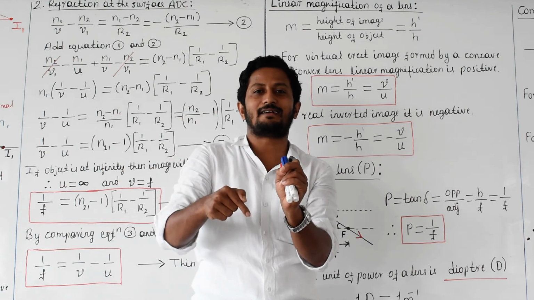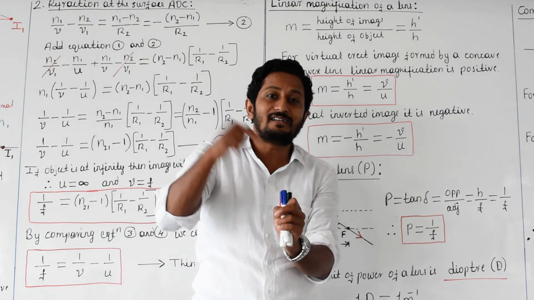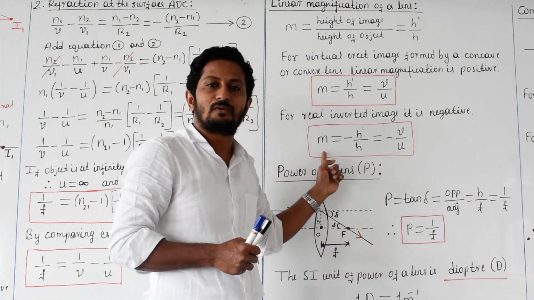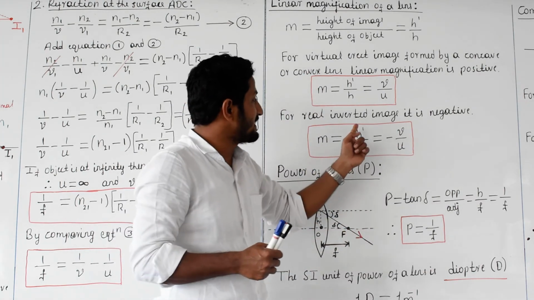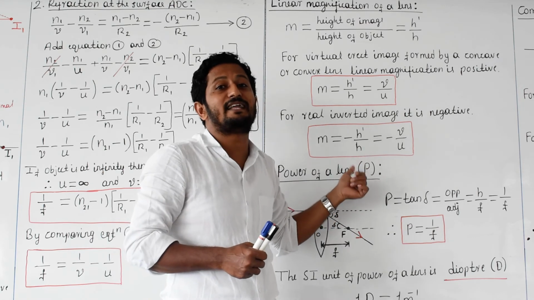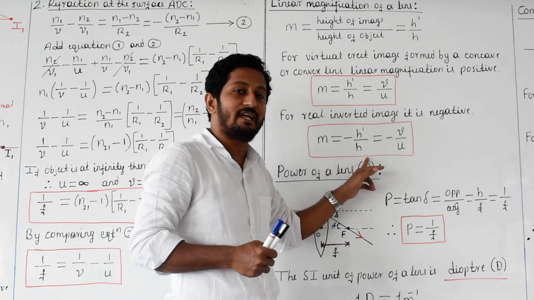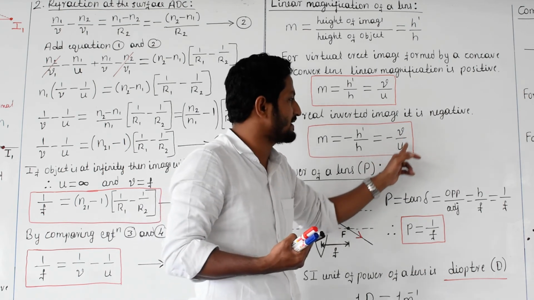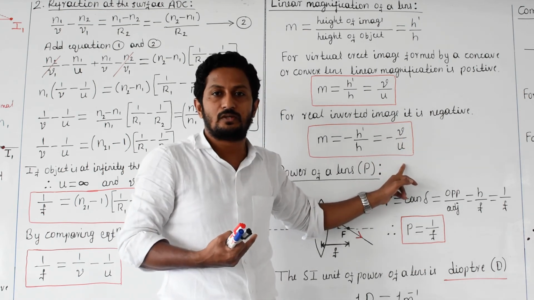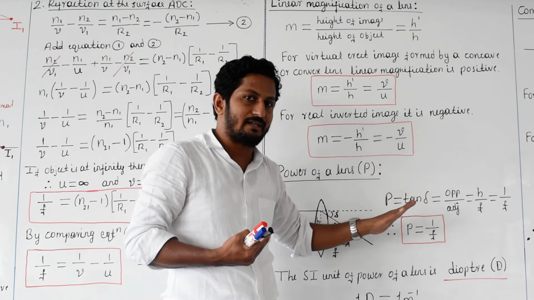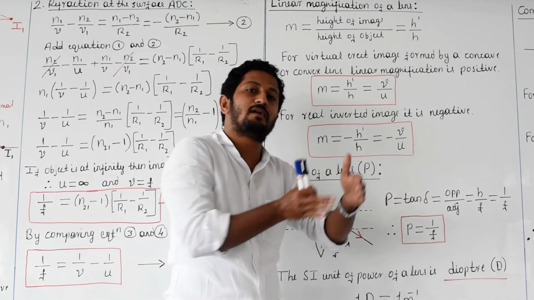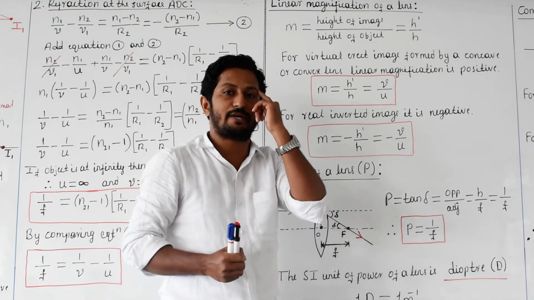Again, by applying that condition, here we will get m equal to h dash by h, which is negative here, equal to minus v by u. It is v by u only, but it is negative for a real image and positive for a virtual image. Keep that in your mind.